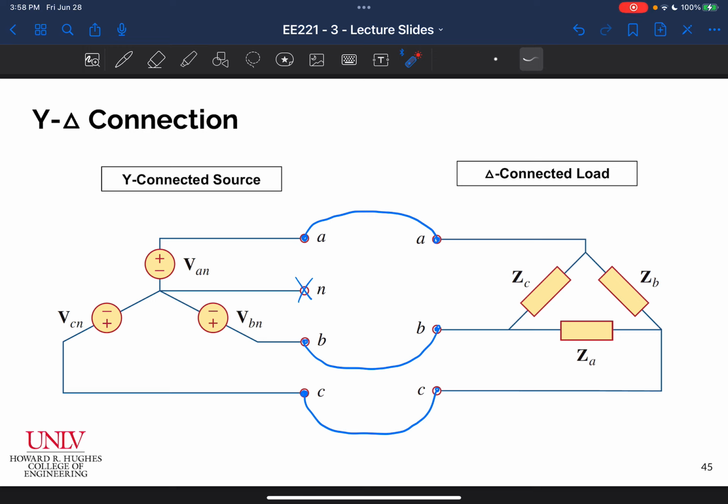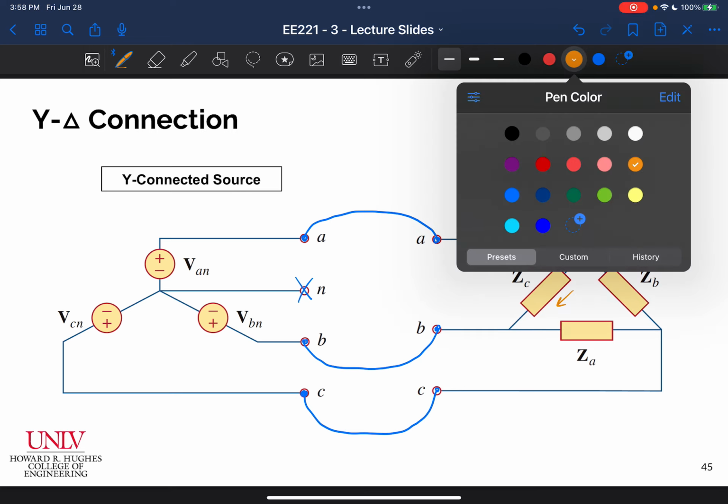The Y to delta connection, similarly, I'm not going to go through these ones just as slow. I kind of need to get through this video here. But all you have to recognize is that, again, if I wanted to find the current through this ZC here, even though I have a Y connected source, notice the voltage across ZC. What voltage do I have here?